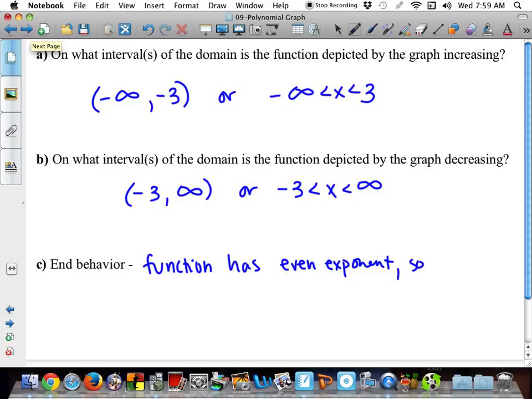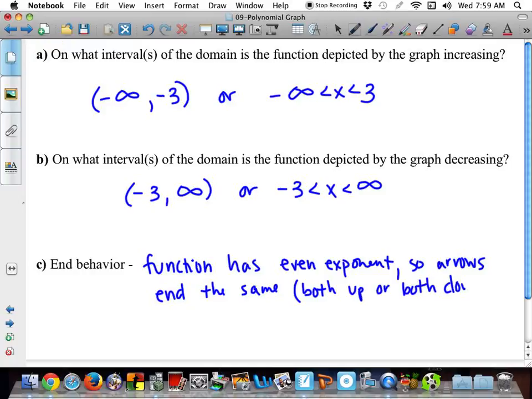So they end both facing up or both facing down. So again, this was arrows end the same. And what I mean by that is both up or both down. Okay, so pause if you need to. I'm going to move on.